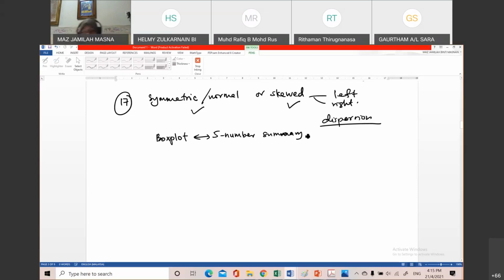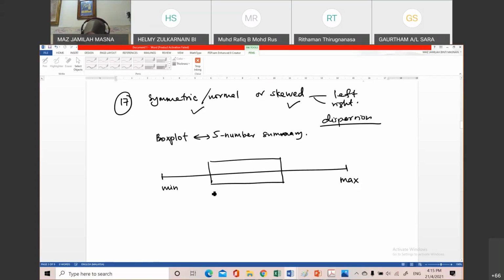And what are they? They include the minimum value, the maximum value. Then in the middle, this is your Q1, this is your Q3, and this is your Q2, which is your median. Now, this is your first box plot.